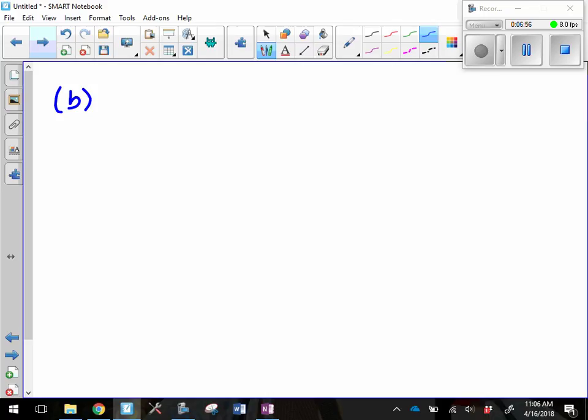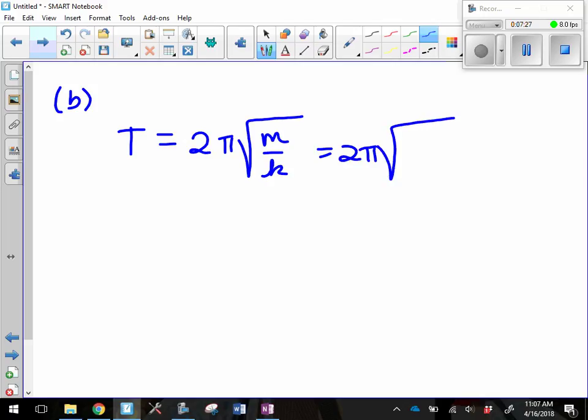Okay. So how do I find the period for a mass on a spring? Yeah, but we had a specific formula for this. 2 pi root m over k. You can always look at the units and see if you're right. So remember that it doesn't depend on the amplitude.